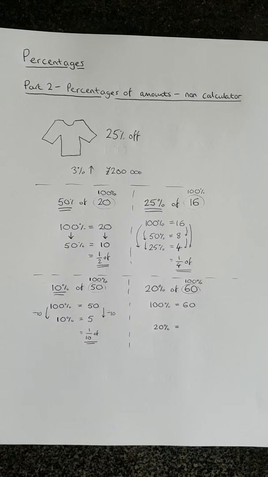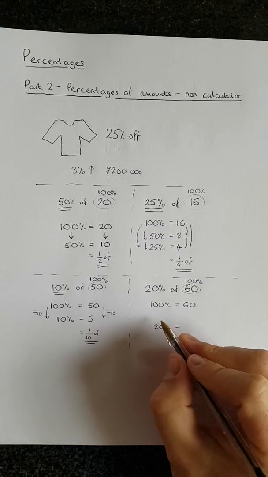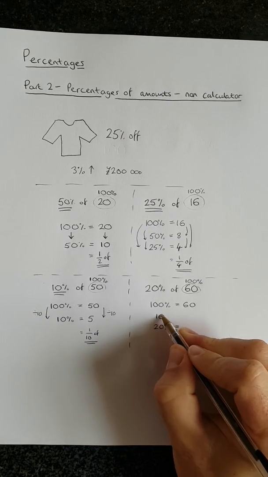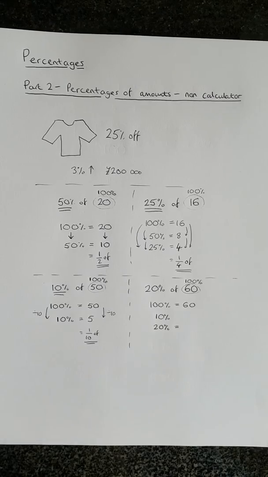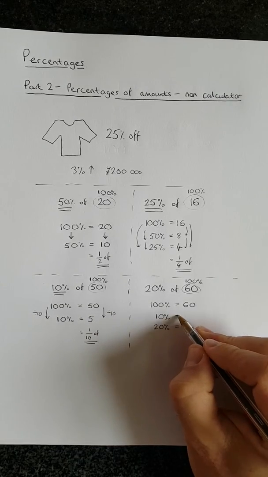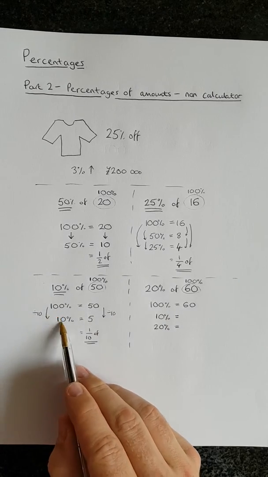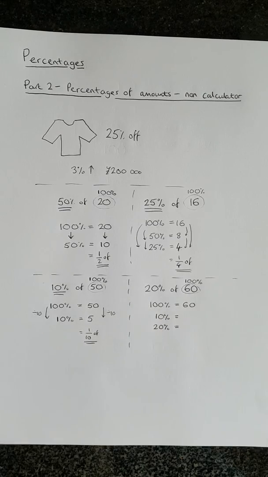Or I can do a step. What do you think that step is? Well done if you thought that 10% would be a good step. 10% was dividing by 10, so what will it be?